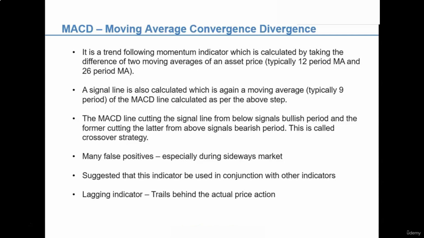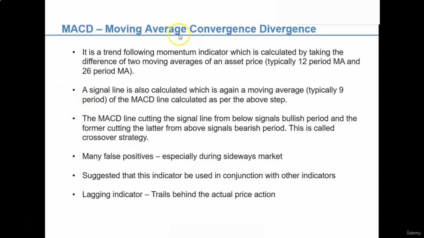So just visualize a moving average line and then the closing price line chart cutting it from below. It would signify that the stock is on a bullish phase, because it has been able to breach its moving average. On a very basic level, that's what moving averages signify, okay?